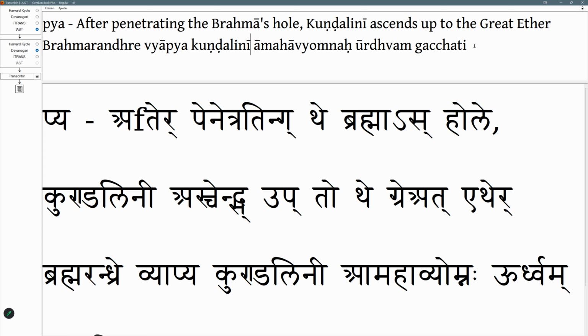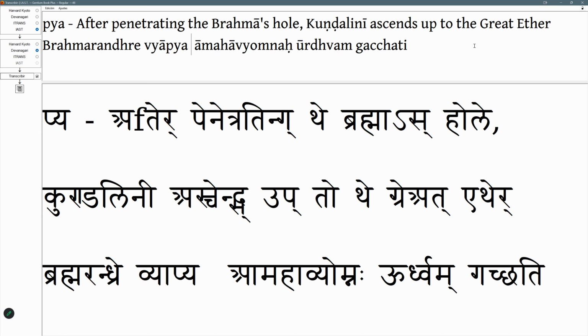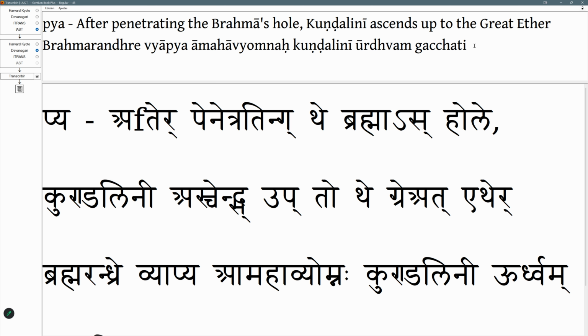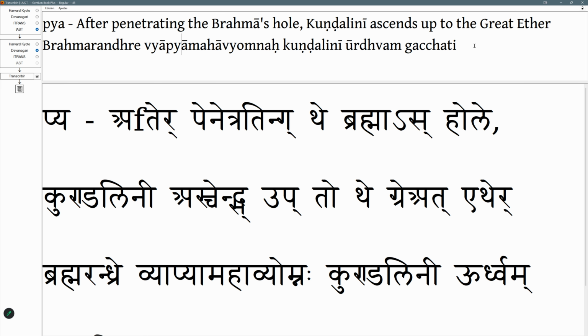Kundalini. Kundalini you don't need to put here. No, you can put Vyapya, Maha, Vyomaha, Kundalini. Here in the middle, Urdhvam Gachati. And for DeepSeek, don't go crazy with the translation. I will make Sandhi here like a long A. Yes, because DeepSeek will go crazy.